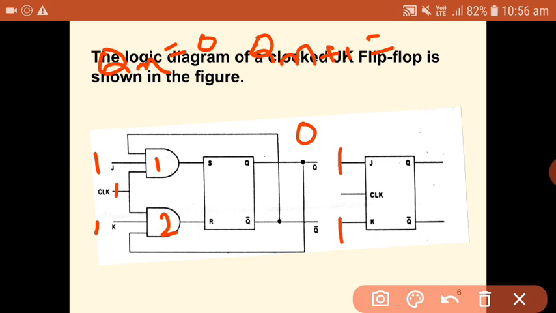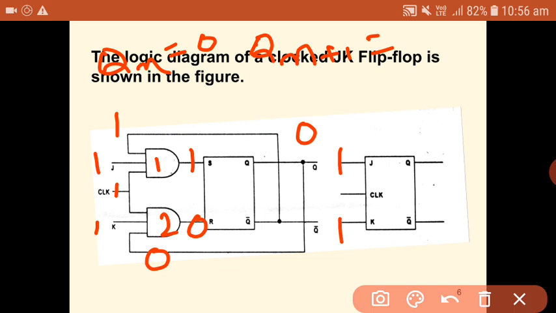So let us say Qn is equal to 0 now. Qn is equal to 0 means one of the inputs to the second AND gate will become 0, because Q is applied as one of the inputs to the second AND gate and Q bar is applied as one of the inputs to the first AND gate. So whenever you are assuming Qn is 0, that is Q is 0, so Q bar becomes 1. That means second AND gate output becomes 0 and first AND gate output becomes 1.